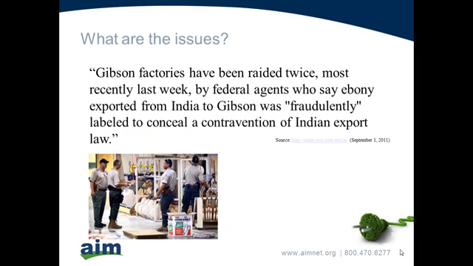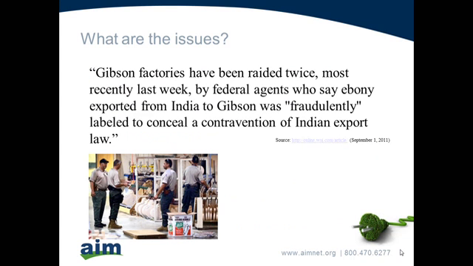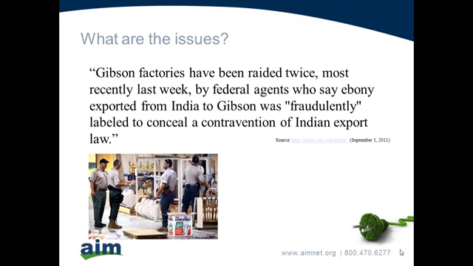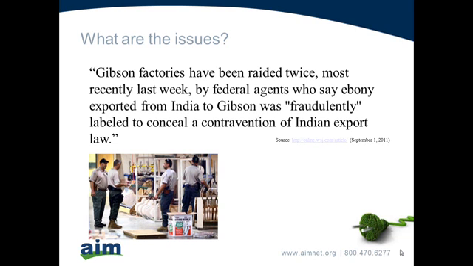This slide's a news clip from the internet, and I recall when this happened, and I said, what is going on? Gibson Guitars, which is a very large guitar manufacturer, was raided by federal agents because they had word that they had received fraudulently labeled wood, which is a violation.